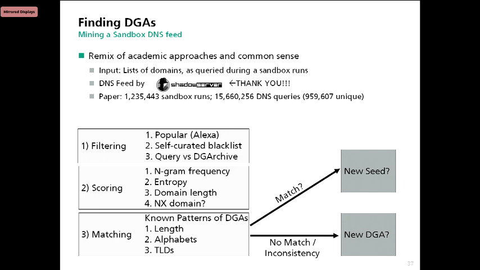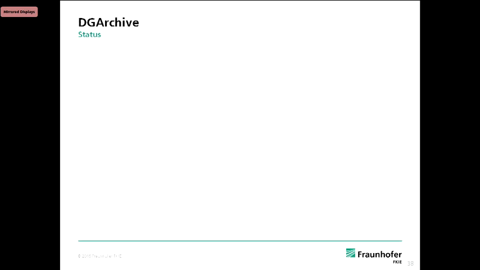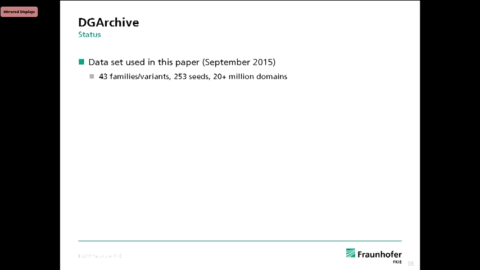Since we didn't stop after writing the paper, we have now been looking at 8.8 million sandbox runs and 4.7 million unique domains in the course, which also helped us lift the numbers of covered DGAs further. So for the paper, like I mentioned, we were looking at 43 different families with 253 seeds and 20 million domains.